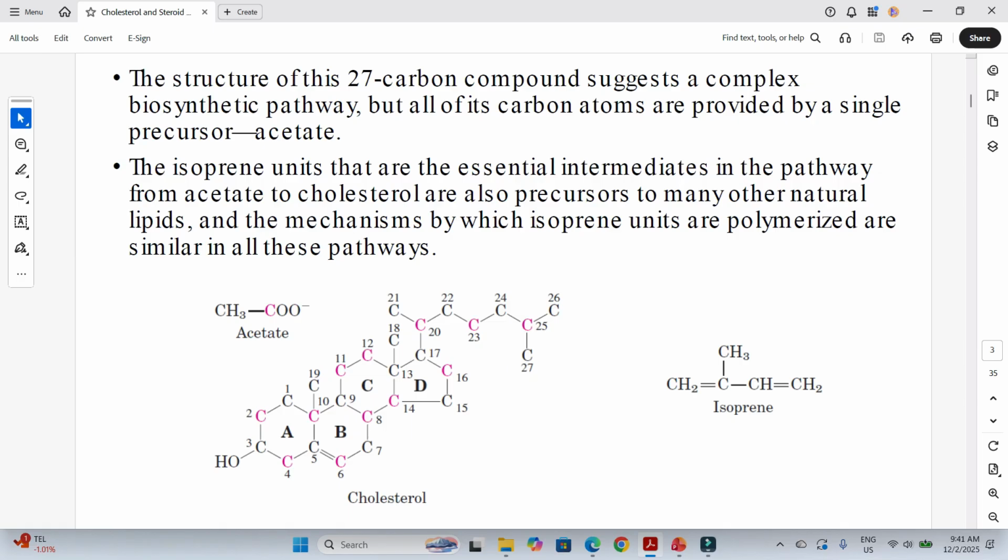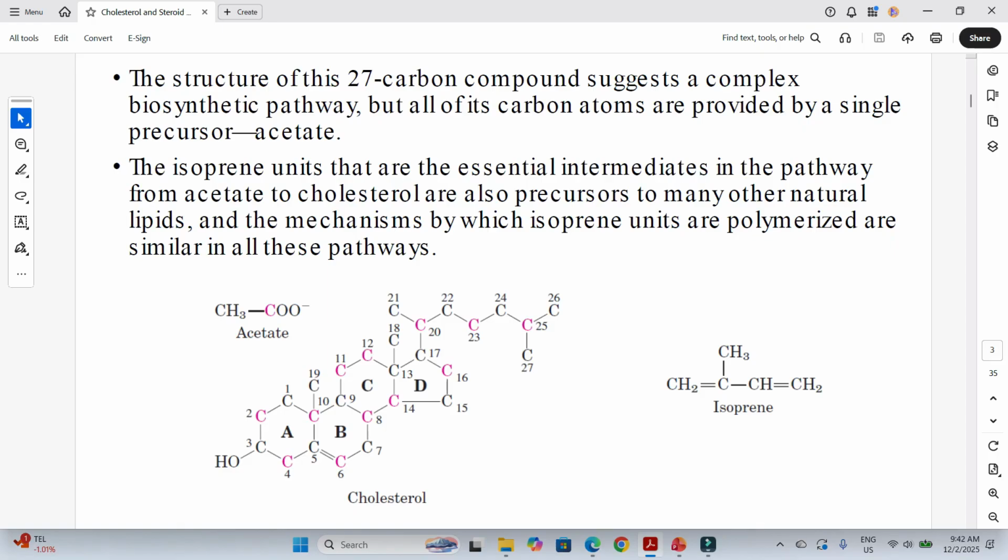Now, the structure of the isoprene is shown here, which in systematic organic IUPAC nomenclature is 2-methyl-1,3-butadiene. All right, 2-methyl-1,3-butadiene or isoprene are essential intermediates in the pathway from acetate to cholesterol.